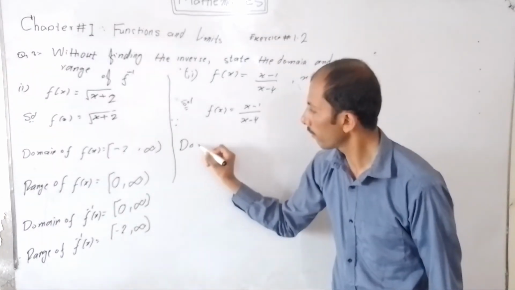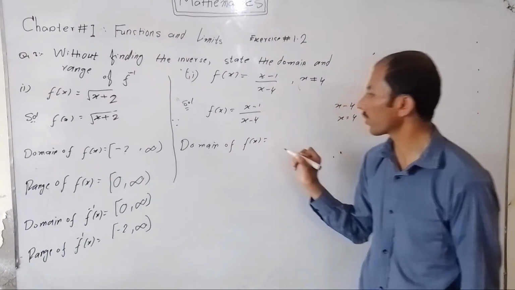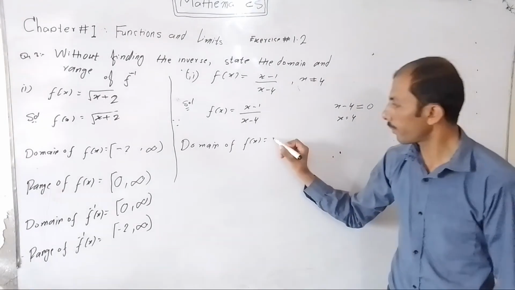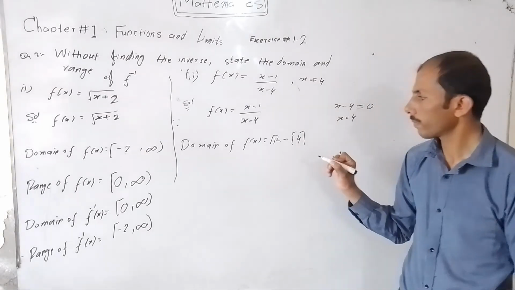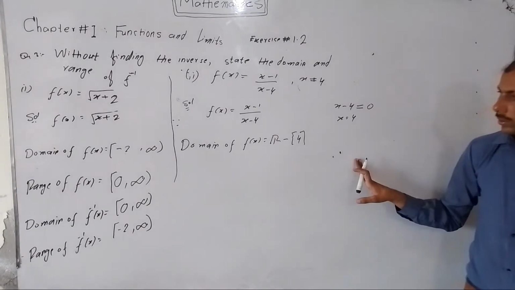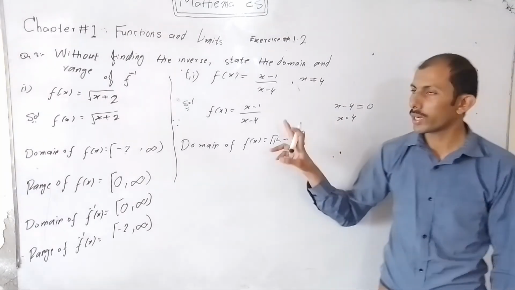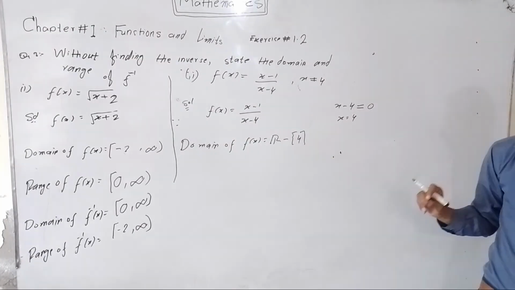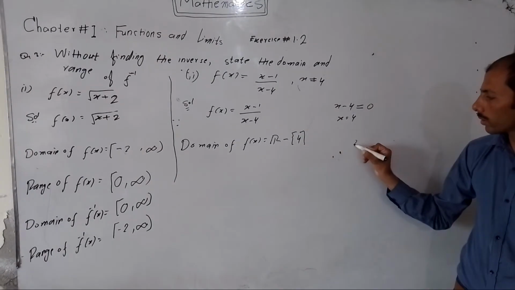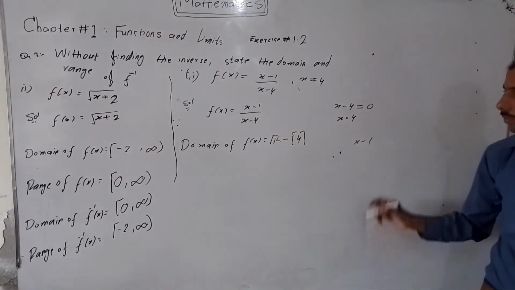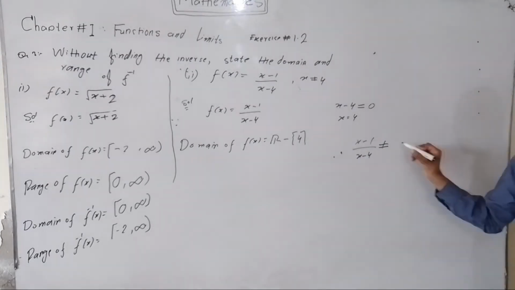Domain of f of x is equal to all real numbers other than 4. We see that the function is undefined at x is equal to 4. Next, in case of range, x minus 1 divided by x minus 4 not equal to 0.